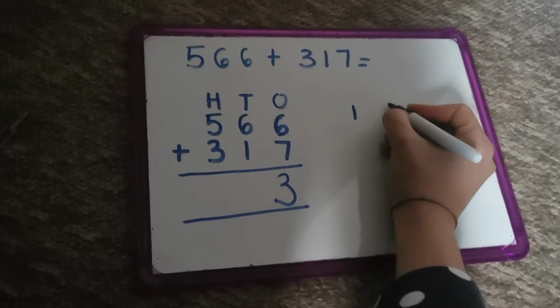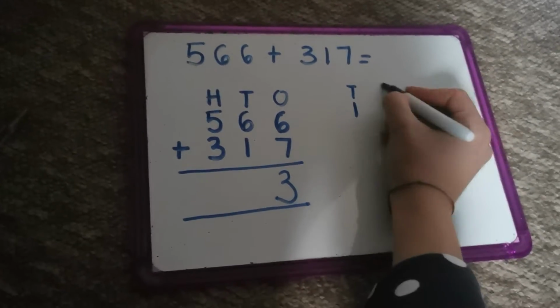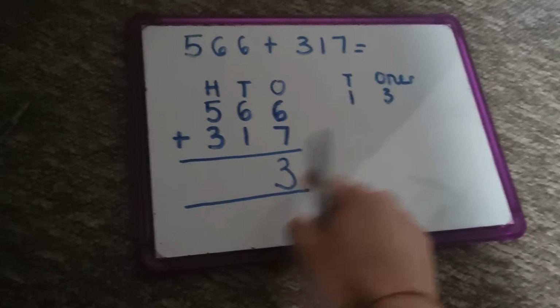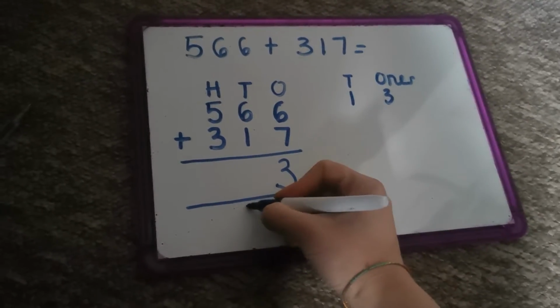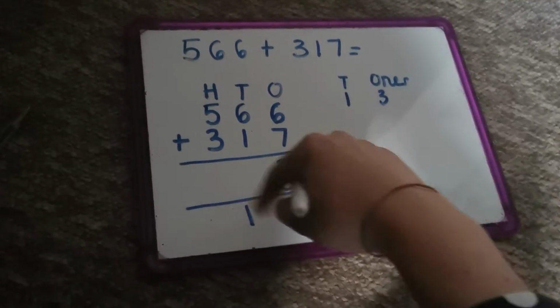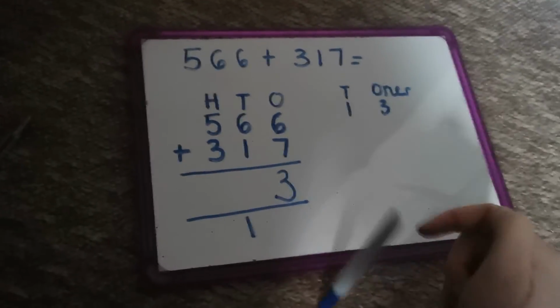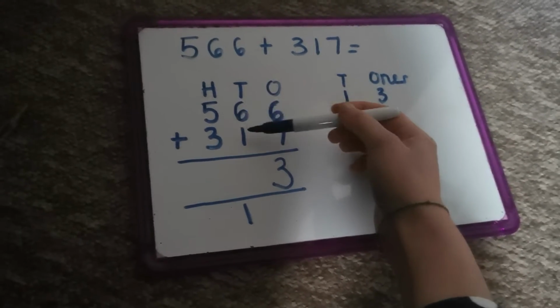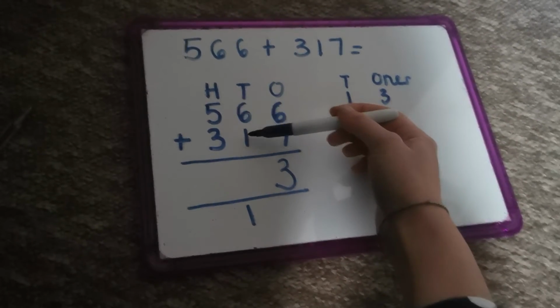If I look at 13, it has 1 ten and 3 ones. So I'm going to place the 3 ones here, and then the extra 10 will go here. If you're not sure about why this happens, I'm going to show you using a diagram in a minute with Dienes.